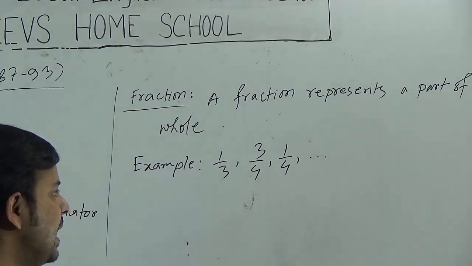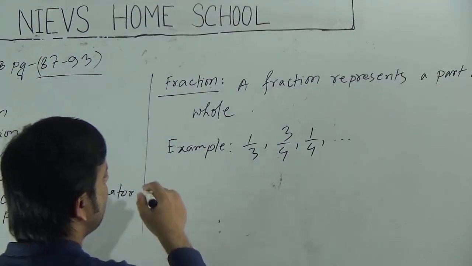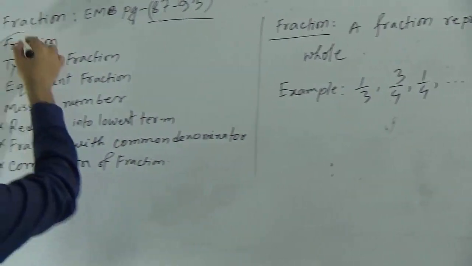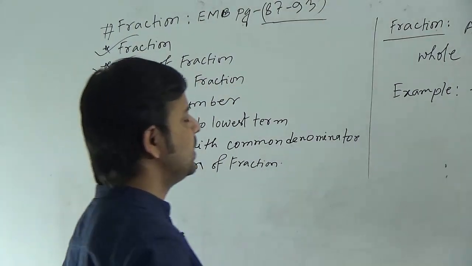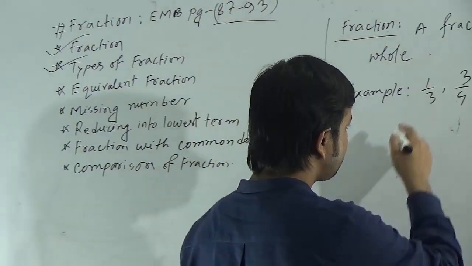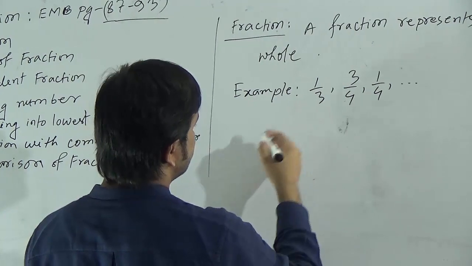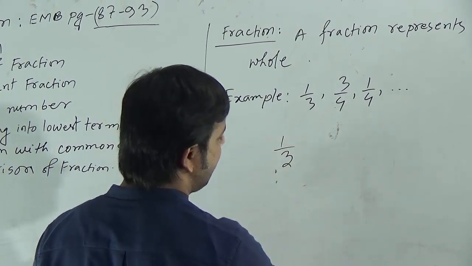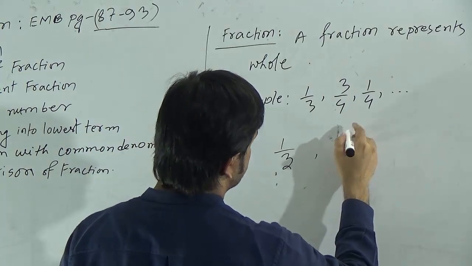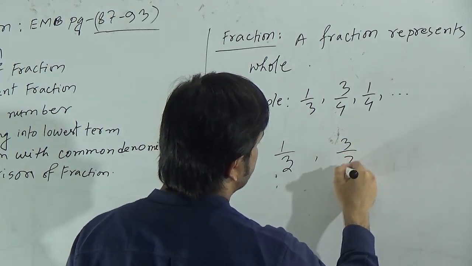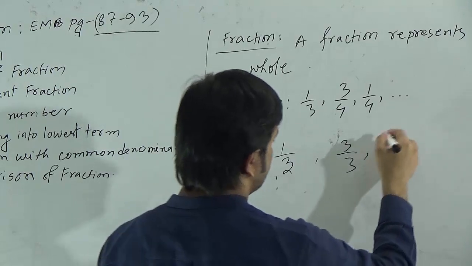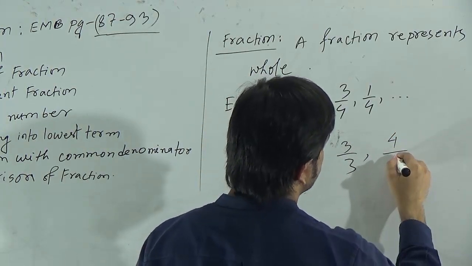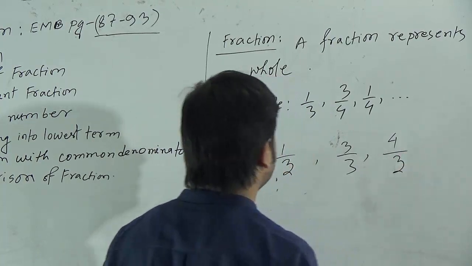Okay, dear students, now we have to know types of fraction. Dear students, if I write a fraction that is 1 by 3, another fraction that is 3 by 3, another fraction that is 4 by 3.